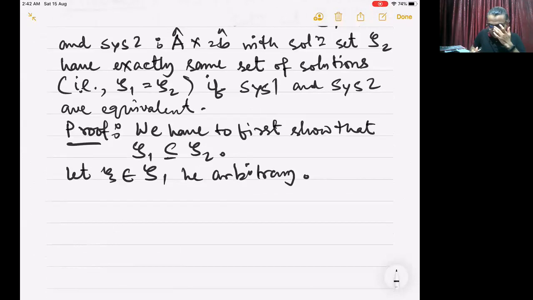Because I'm going to write something like this now: let Xi be in S1, arbitrary.